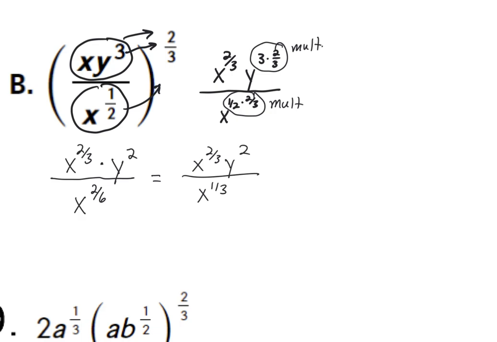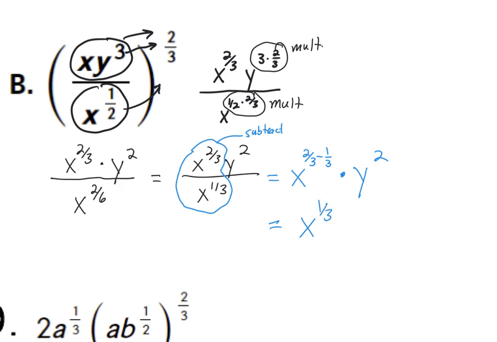Finally, I am dividing two terms, the x to the 2/3 and the x to the 1/3. I have a quotient, and if I want to combine those, I can subtract the exponents. So in that case, I'm going to have x to the 2/3 minus 1/3 times the y squared, which stays y squared, which means my final answer is x to the 1/3 y squared.